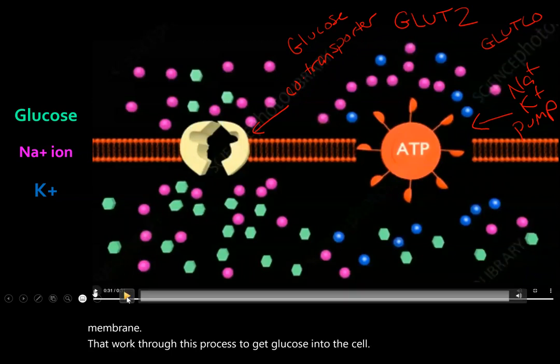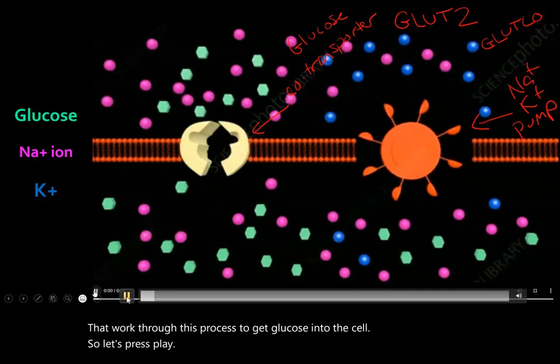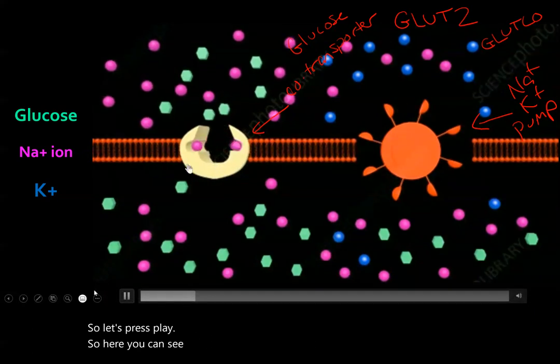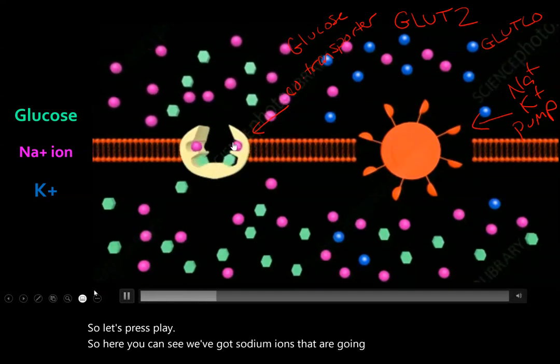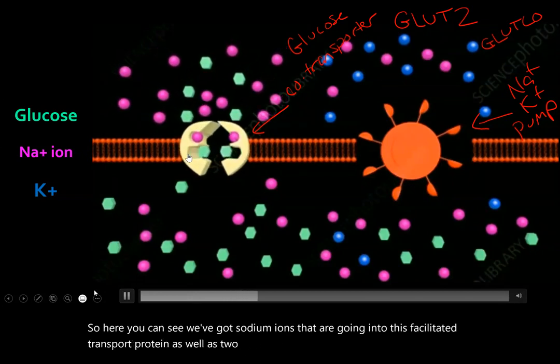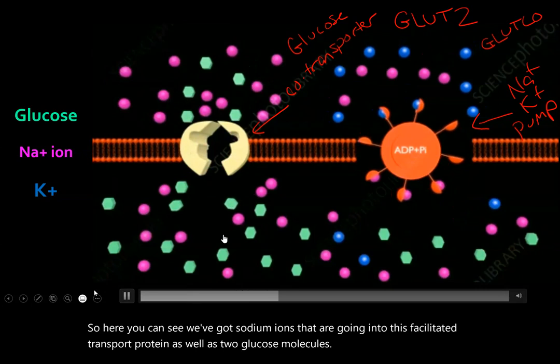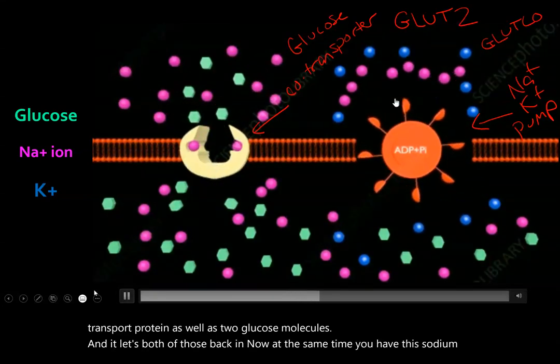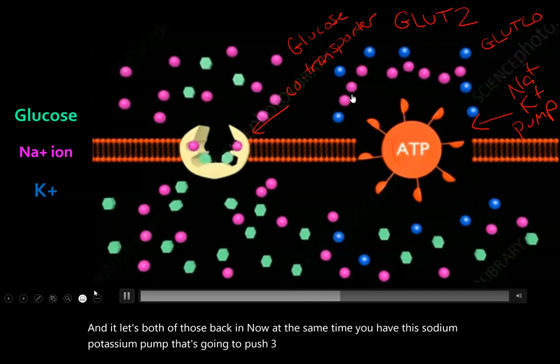So let's press play. Okay, so here you can see we've got sodium ions that are going into this facilitated transport protein as well as two glucose molecules. And it lets both of those in. Now, at the same time, you have this sodium potassium pump that's going to push 3 sodium molecules back out.